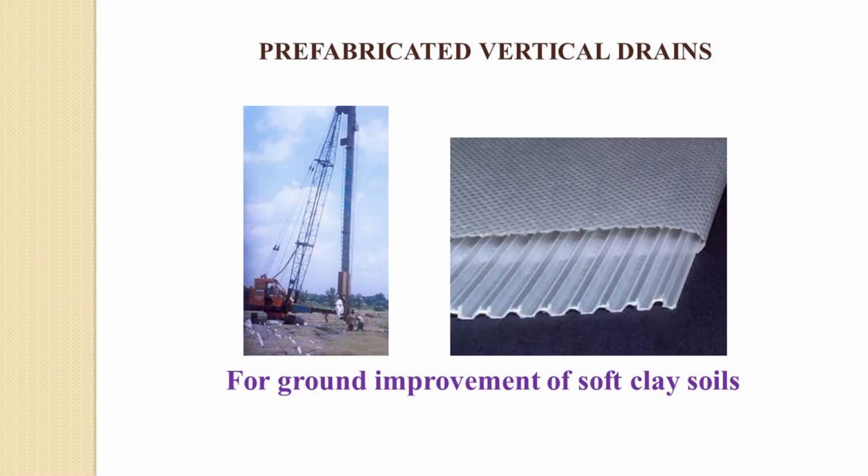And this is what is done by using a PVD. This is a channel, a core material which has channels. Over this there is a filter jacket, and this is installed using a vibratory crane with a mandrel at the bottom which has got a plate.